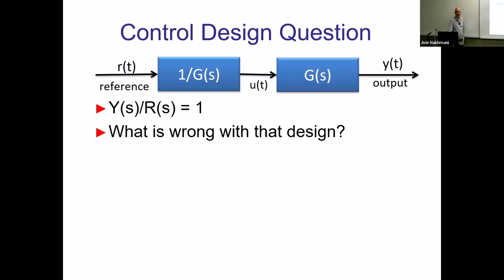Okay, how about initial conditions? What do you know about the initial conditions of G(s), of your plant? This is the correct answer: nothing. You know nothing about the initial conditions of your system, which means that G(s) is assuming 0 initial conditions, but they are not 0, right?